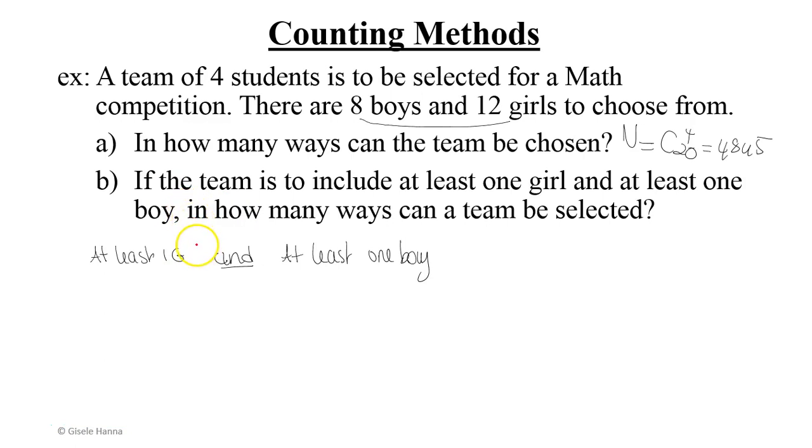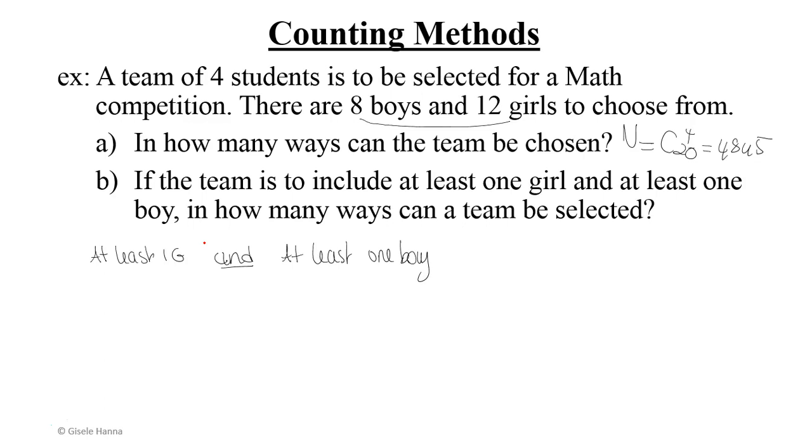Now, why is it that I'm referring to the opposite event? Because usually if we say at least one girl out of 12 girls, there are many possibilities to explore. At least one girl would mean exactly 1, exactly 2, exactly 3, all the way to exactly 12 girls.